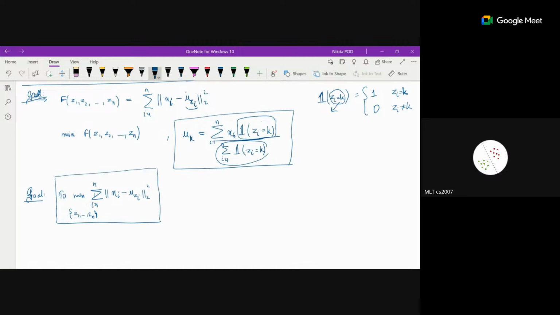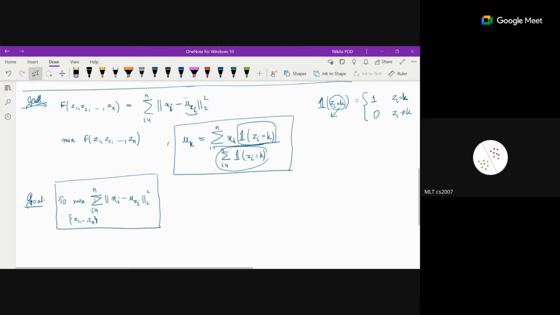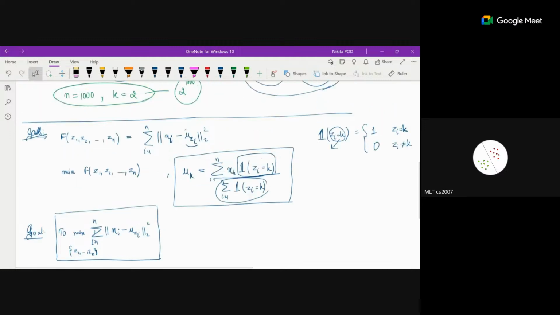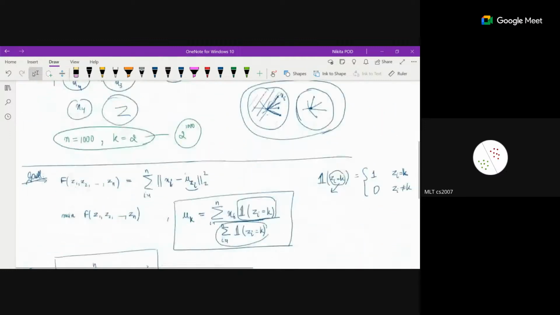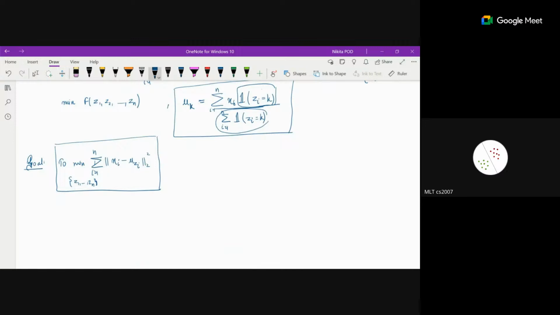What it turns out is that we have too many possibilities for this. As we had seen earlier, in general, if we have n data points and k clusters, the total number of partitions would be k to the power n.